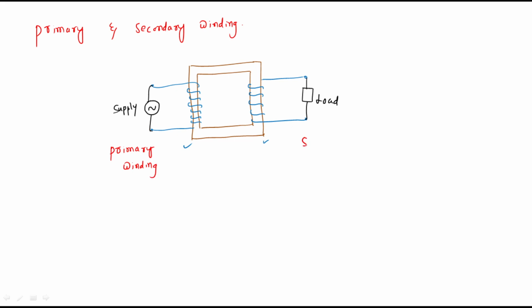This is what? Secondary winding. We all know that this is high voltage winding, this is low voltage winding, right? So whenever we have supply voltage, primary winding. Whenever we have load across two terminals, that is called secondary winding.